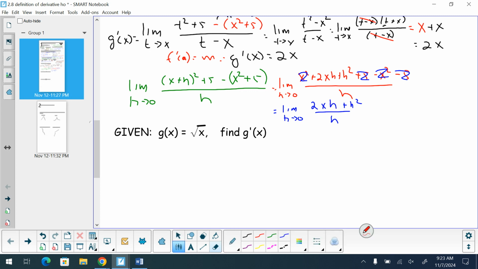Canceling, we can take an h out of all these. And now h is approaching 0. So we have 2x plus 0, which gives us 2x.